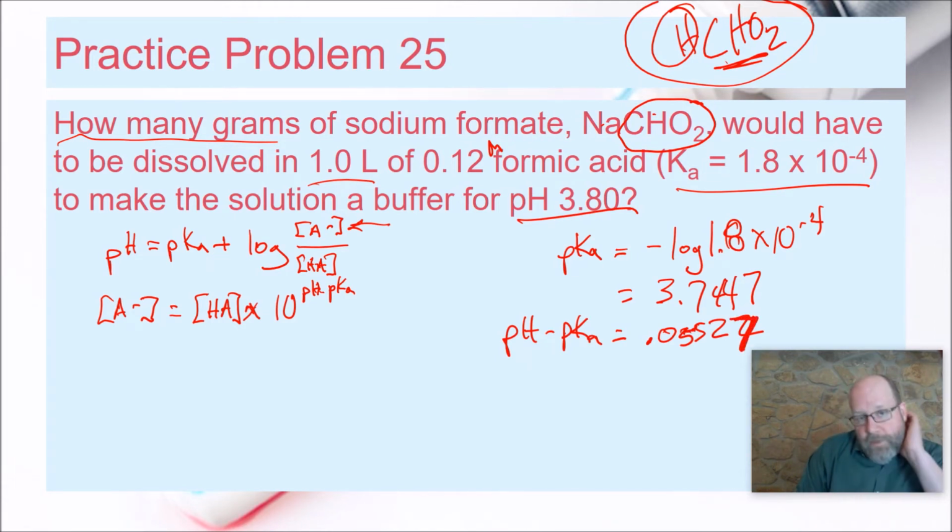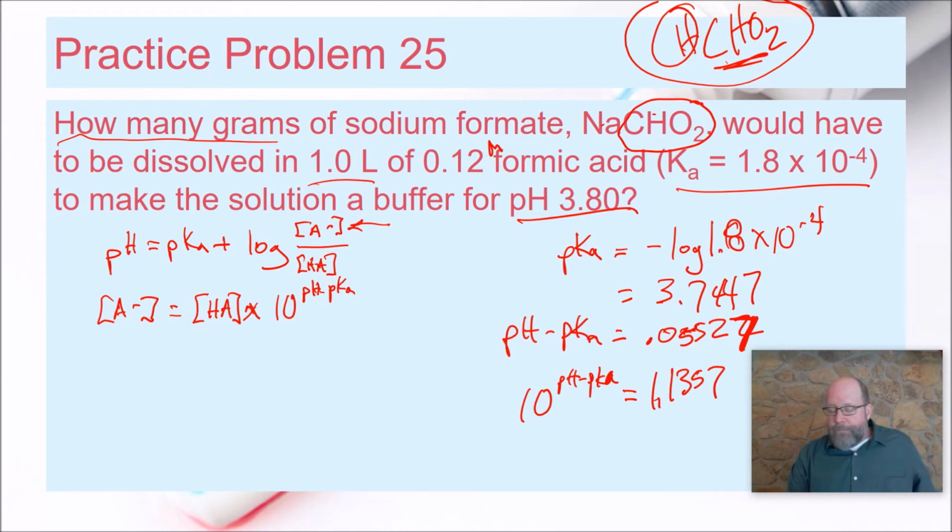That'll give us plenty of sig figs for us. 10 raised to that, 10 to the pH minus pKa equals, what do I get there? 1.1357-ish.